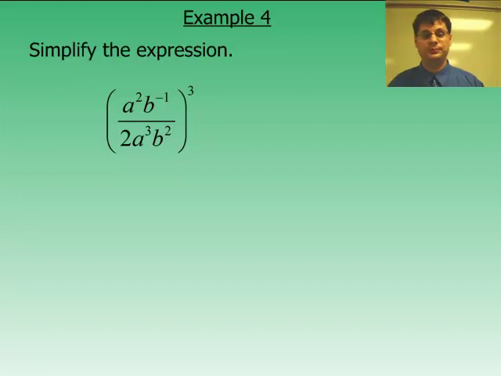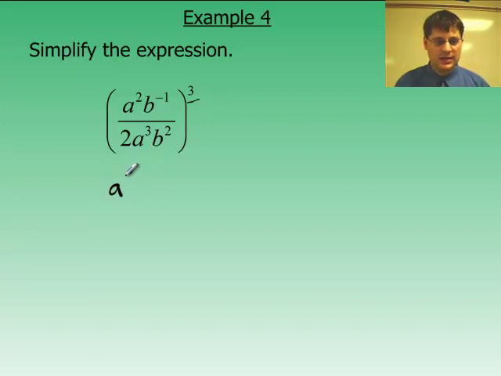So let's do one more. I'm going to simplify this expression. I'll just do it one way. Again, there's more than one way to approach these. I'm going to go ahead and take care of the power of a quotient first. So I'm going to take care of this 3.